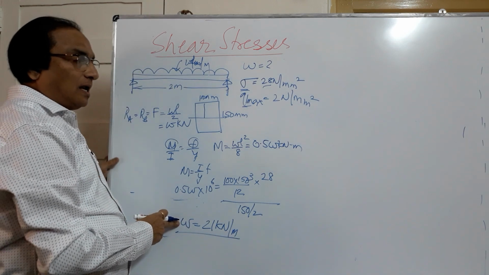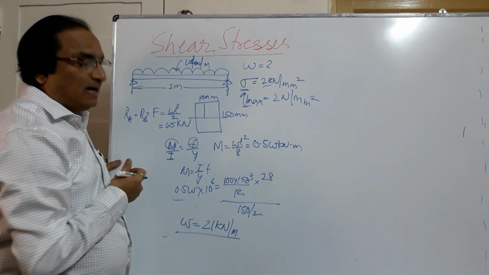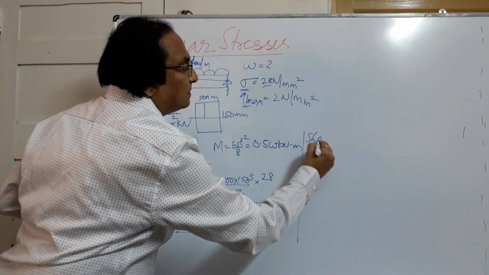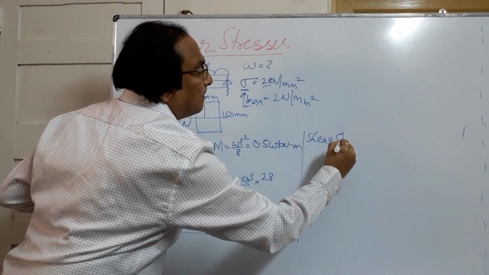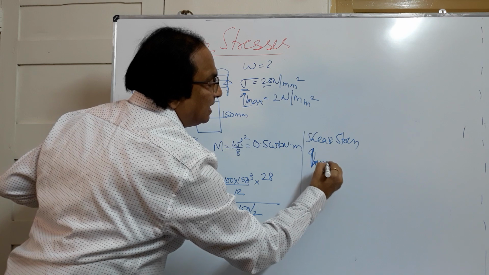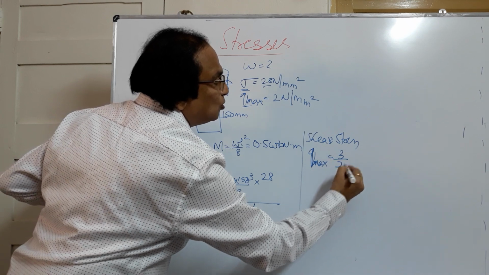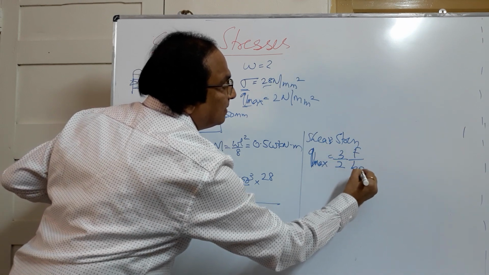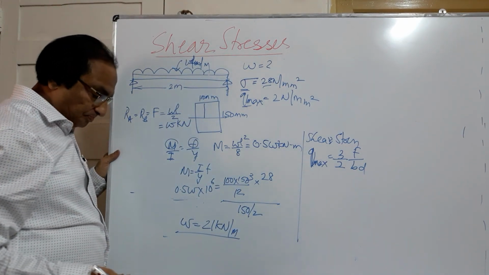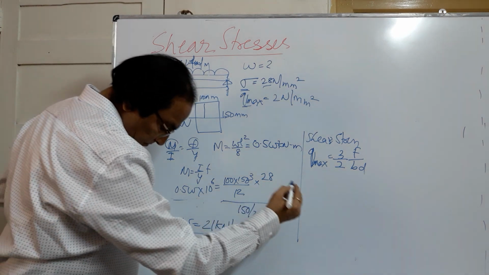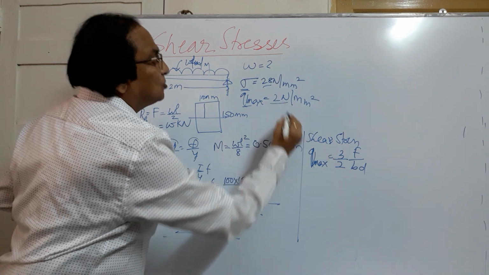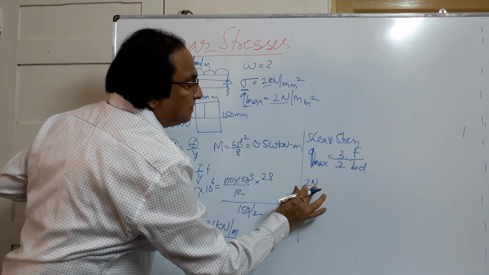This is the load you can allow based upon the bending stress. On the same line, we will see based upon shear stress. We know the maximum shear stress in a rectangular beam is 3 by 2 F by BD. The maximum shear stress given is 2 Newton per mm square.